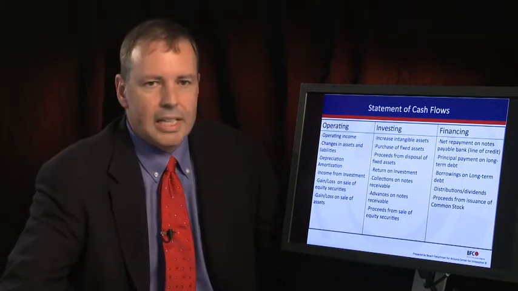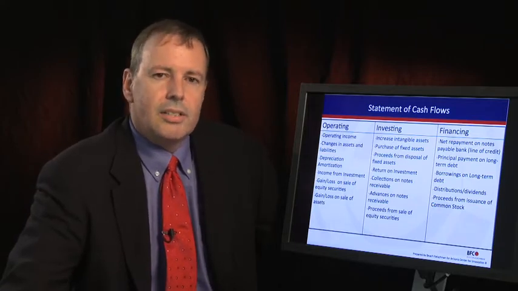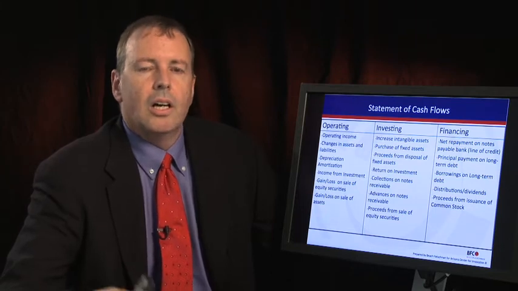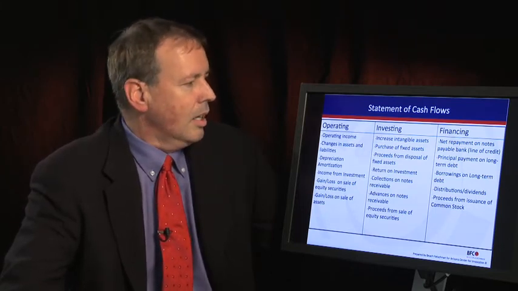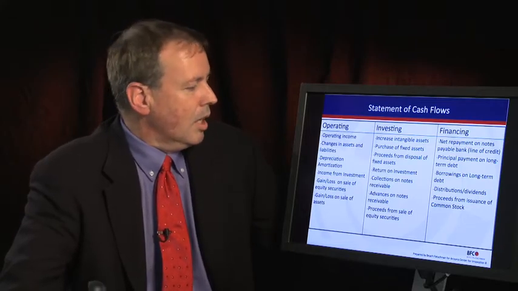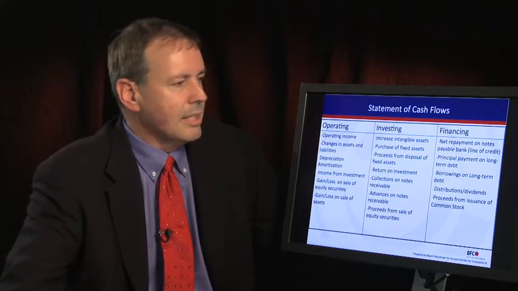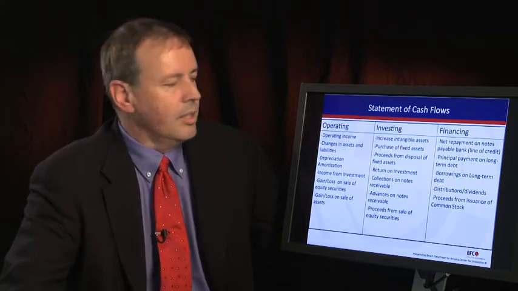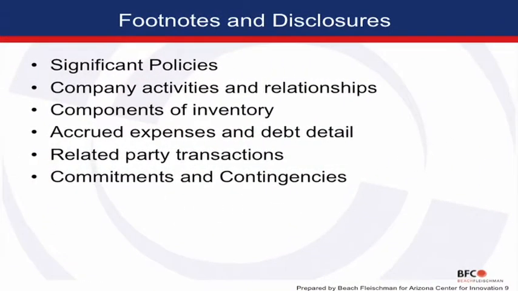As companies become more mature, the ideal picture would be to see kind of a net on the investing activities, so not necessarily spending a lot of money on those types of assets. Positive cash flows from operations that provide the money necessary to repay those financing obligations and the returns to the owners.